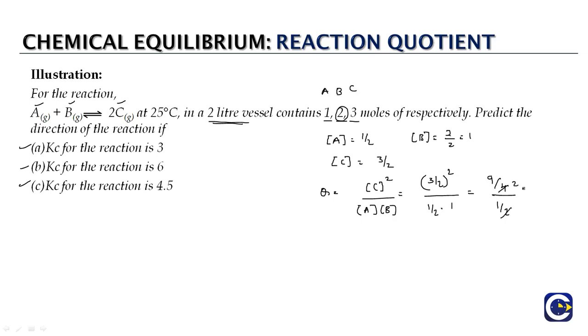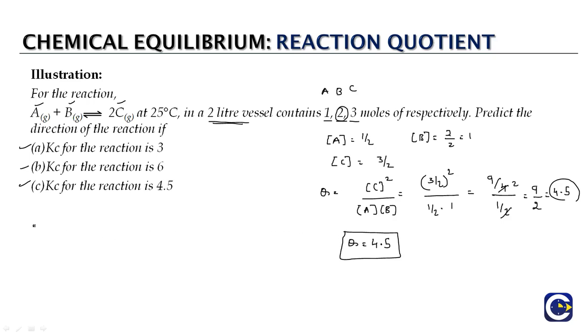Finally we have 9 by 2, which is 4.5. So based on the given amounts of A, B, C, the reaction quotient value for the given reaction is 4.5.